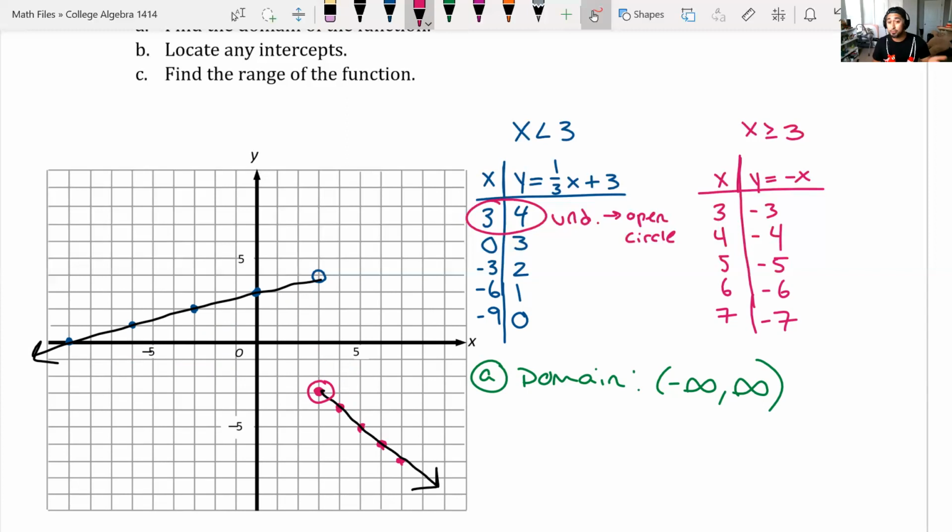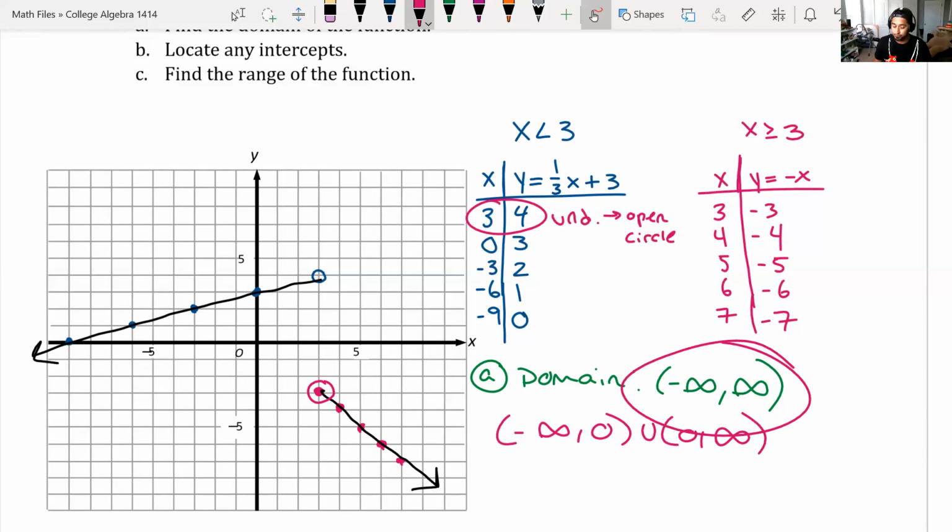This means that if this was the case, you had 2 open circles, 2 undefined points, then your domain would instead be negative infinity to 0, union 0 to infinity. But since one of the points is defined, this means that this function can exist at 3. Therefore, the domain is all real numbers, negative infinity to infinity.